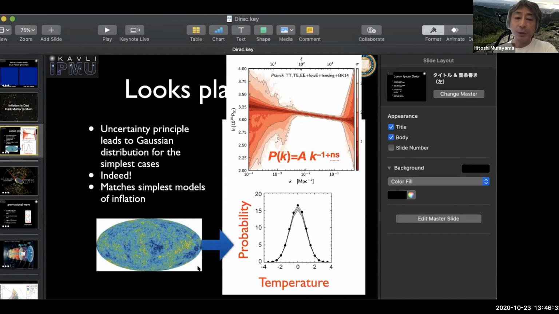Yeah, so you basically have to come up with models of inflation that do this jump. So just to put in an idea, let's say you have two different scalar fields. The first scalar field happens at the earlier stage of the inflation, and the second field happens at the later stage of the inflation.